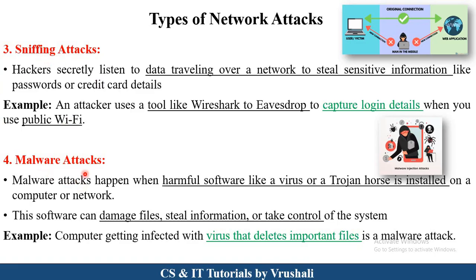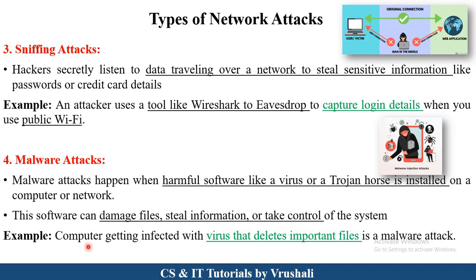Now the next one is the malware attack. Malware attack means attackers install different types of software or different types of viruses like a Trojan horse or other viruses on your computer or on your network. That's why all your important files get damaged and they also steal your sensitive information.